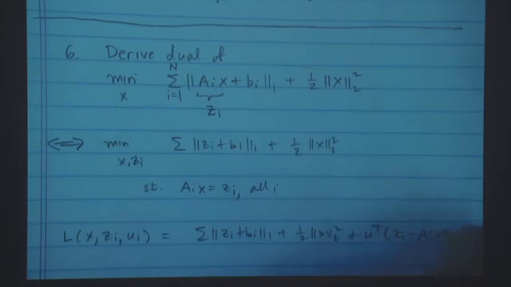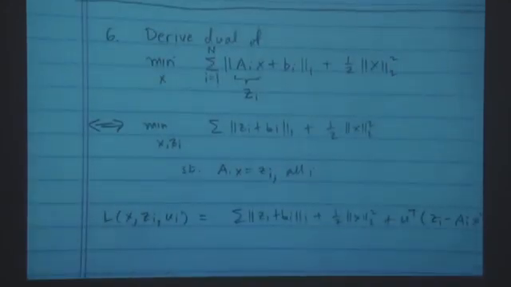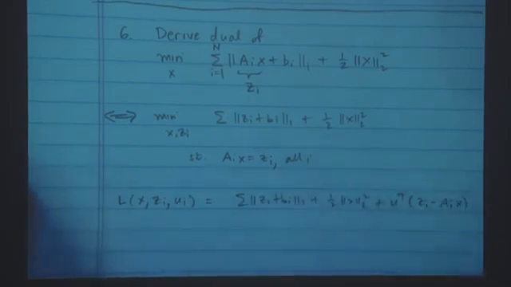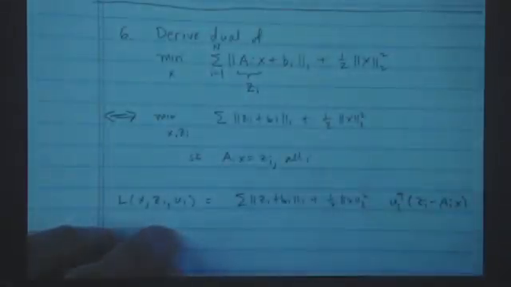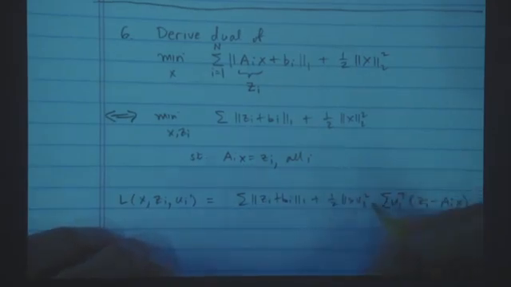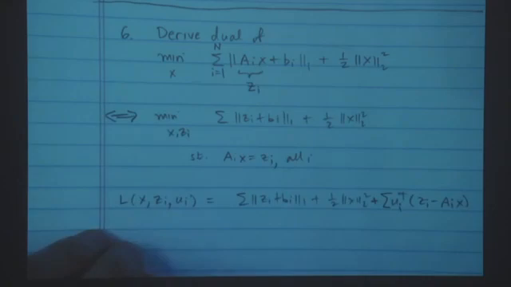But when I worked out the solution to this earlier, I had it as zi minus ai x, so I might as well leave it that way. Okay. And now let's just rearrange basically so that we have terms that only involve say zi and only involve x. And sorry, we actually have one dual variable for each constraint, and the Lagrangian involves all of them. So that's what the Lagrangian looks like.